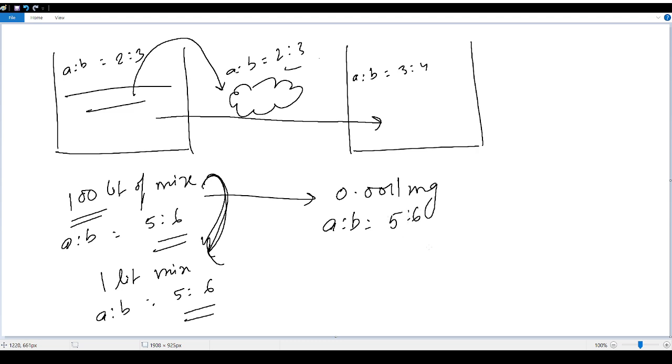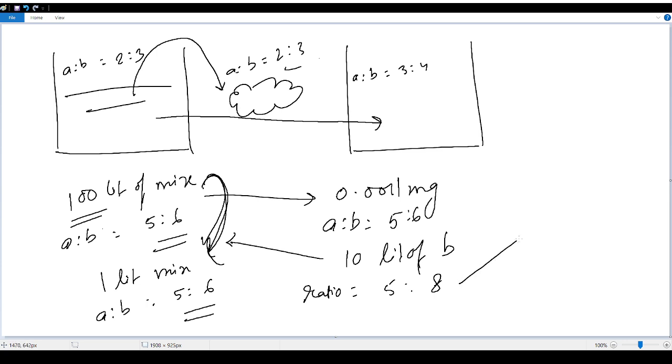Now if I add some amount of B in it, say this is milk is to water, and I add more water into it, the ratio is destroyed. Say in this 100 liters of mixture I add 10 liters of B. Now the new ratio becomes, for example, 5 is to 8.